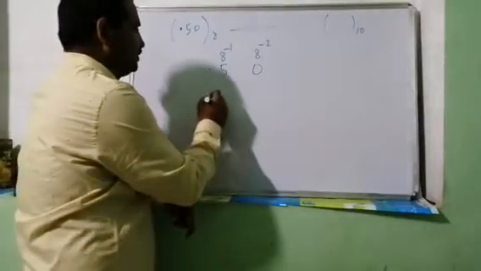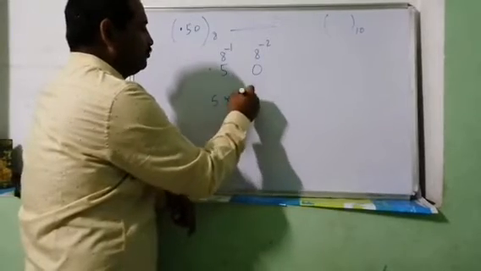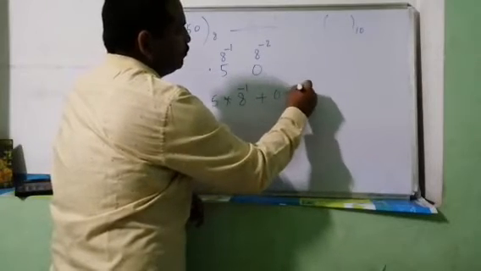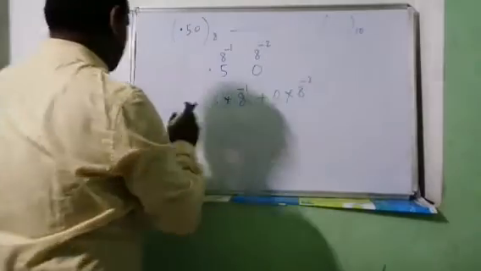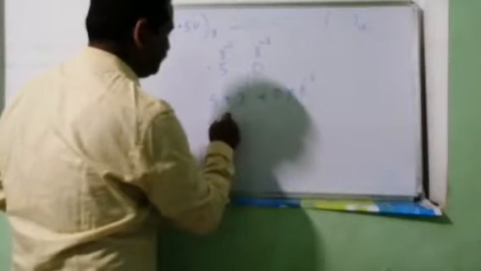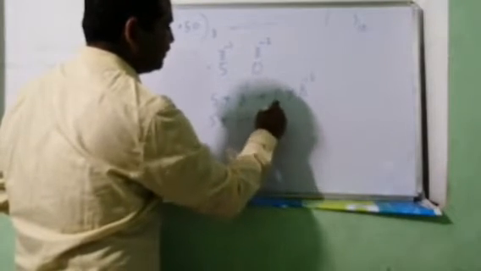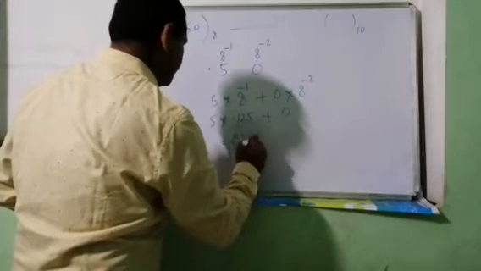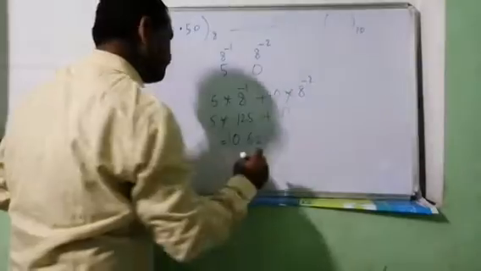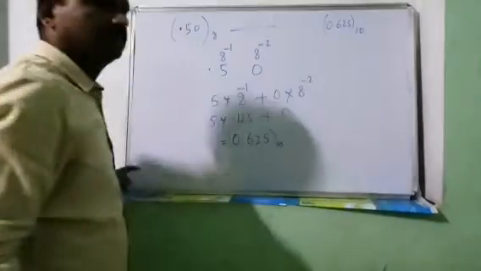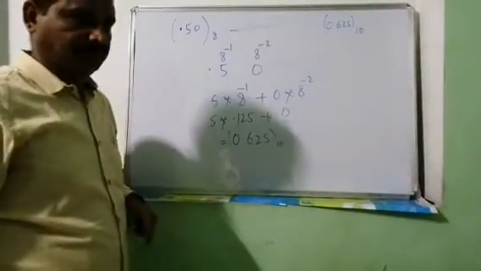So 5 into 8 to the power minus 1 plus 0 into 8 to the power minus 2. So 5 into 0.125 plus 0. 0.625. This is the decimal equivalent of octal.